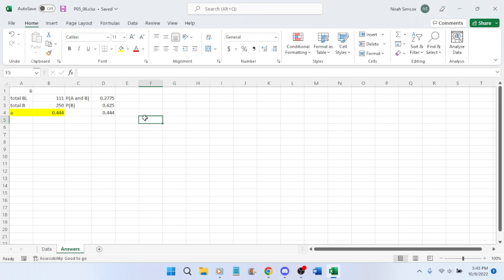Was that a simpler way to do the problem? Probability of A and B is 111 divided by 400. Probability of B is 250 divided by 400. You know what's hilarious?